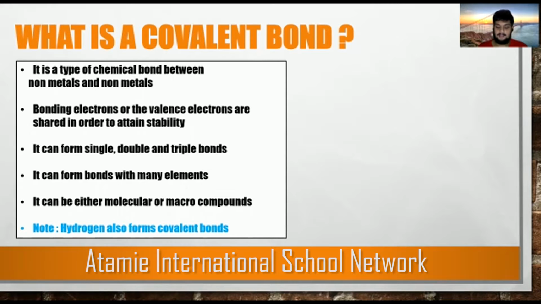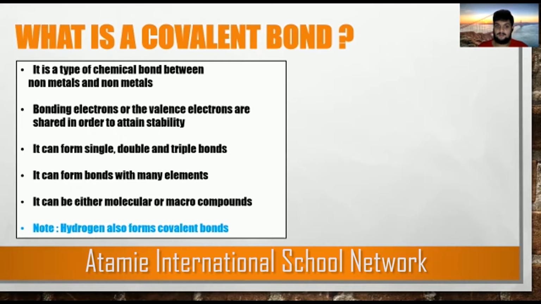The other important thing is, in ionic bonding we did not see double bonds or triple bonds. Here you will see double bonds and triple bonds also, and there are many examples in the upcoming slides. We'll look into all of that. Also, covalent bonds form with multiple elements.